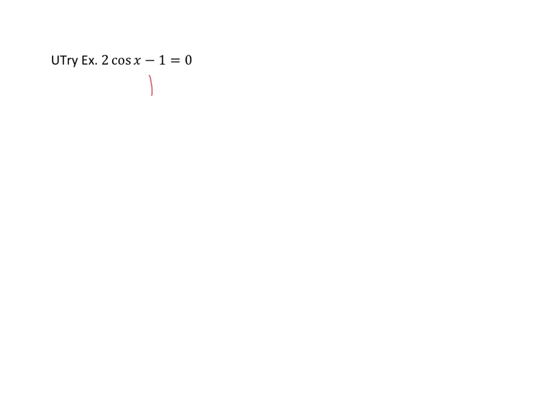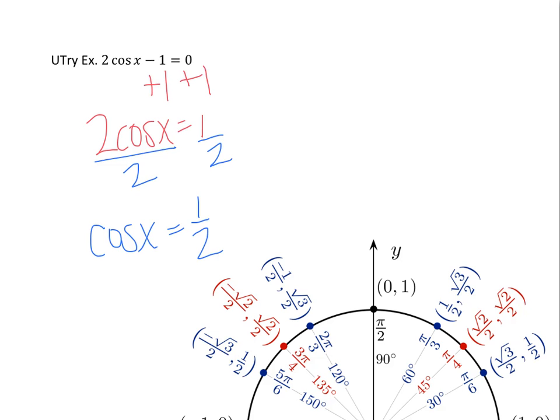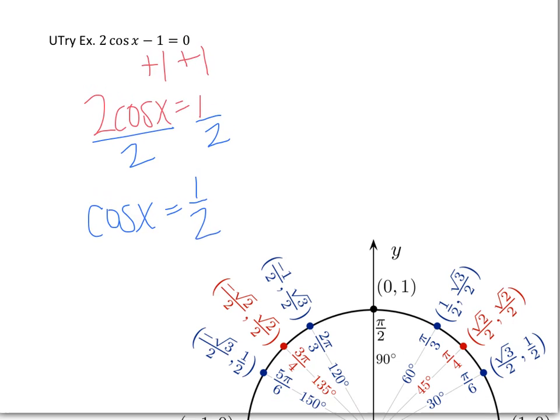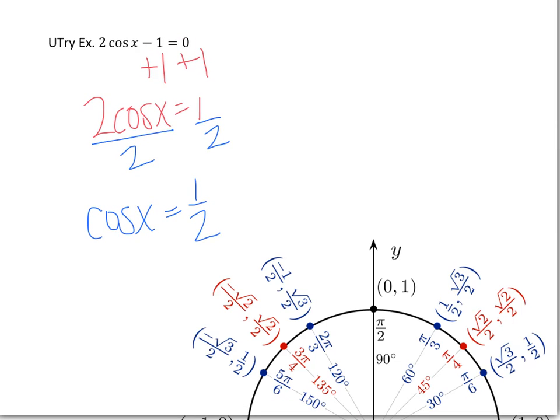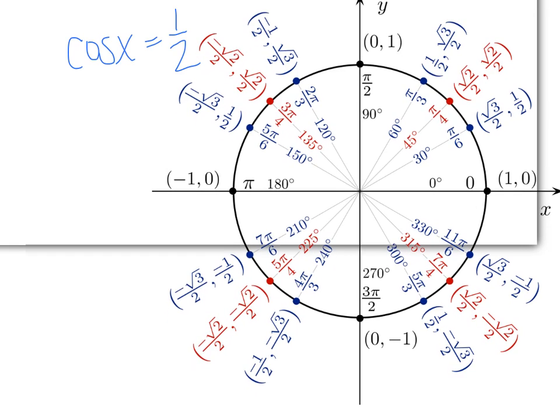First thing I'm going to do is add 1 to both sides. 2 cosine x equals 1. Divide both sides by 2. Cosine x equals 1/2. So where on my unit circle does cosine equal 1/2? If I move this up, I can see the whole unit circle. Cosine's my x-coordinate.